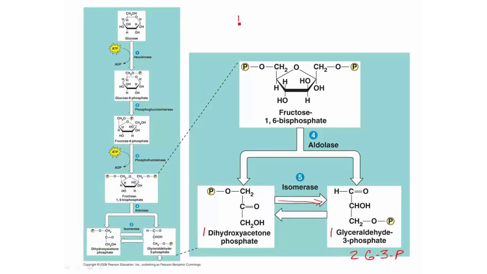Notice that in this energy investment phase, we were required to use 2 ATPs. So that was back here in step number 1 and step number 3. And both of those steps, step number 1 and number 3, were endergonic reactions. We know that they are endergonic reactions because they require ATP.